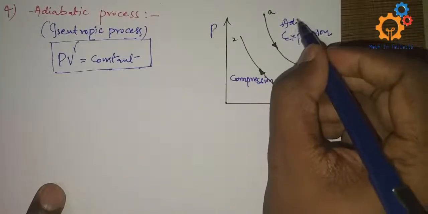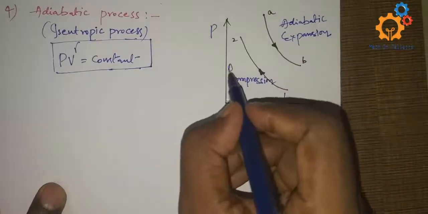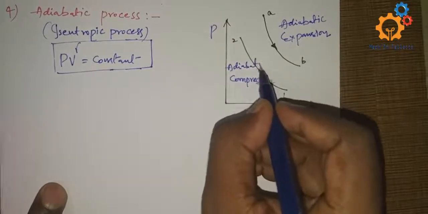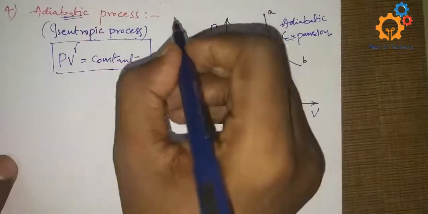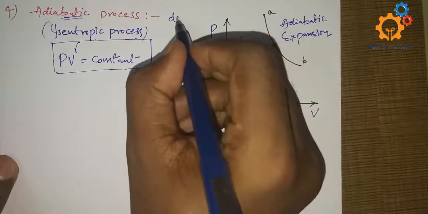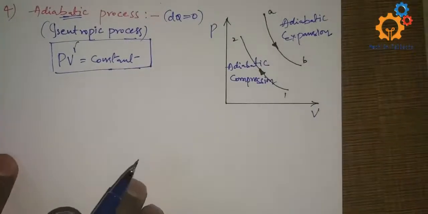Adiabatic expansion, adiabatic compression. Adiabatic means there will be no heat transfer between the system and surroundings.